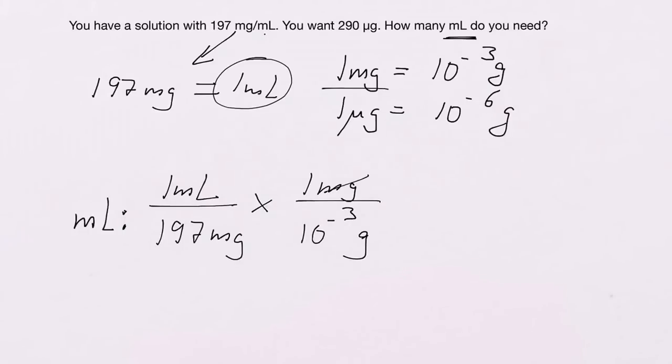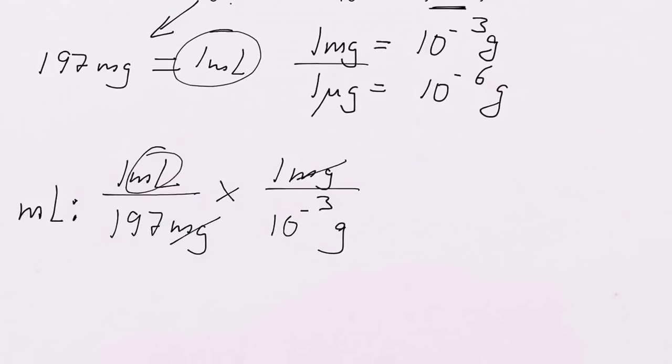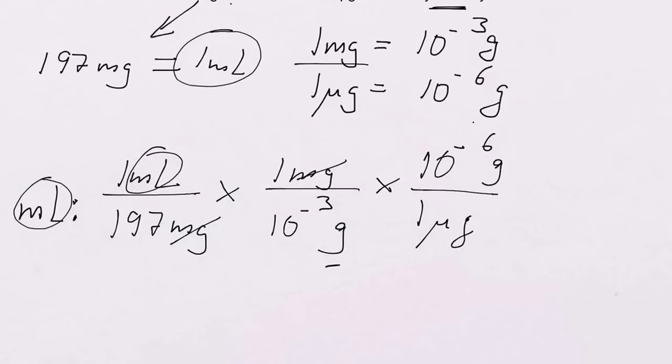So the milligram cancels out. We've got our milliliter here. That's what we are looking for. But now we have the grams here. Do we have grams anywhere? Yes, we have got grams here. So we write it so that the grams cancel out. We have 10 to the minus 6 gram in 1 microgram. We see the grams cancel out.